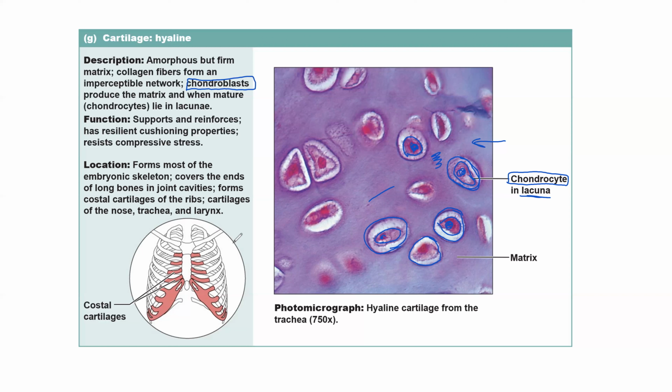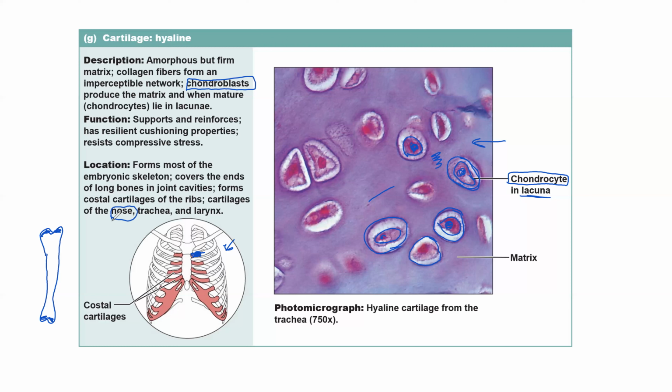Over here you can see the rib cage, and the ribs are attached to the sternum through hyaline cartilage. Also, if you have a long bone, like the femur, the ends of the long bone will be covered by hyaline cartilage as well.